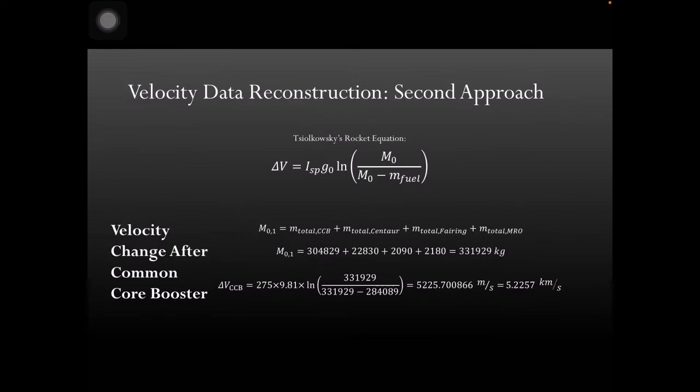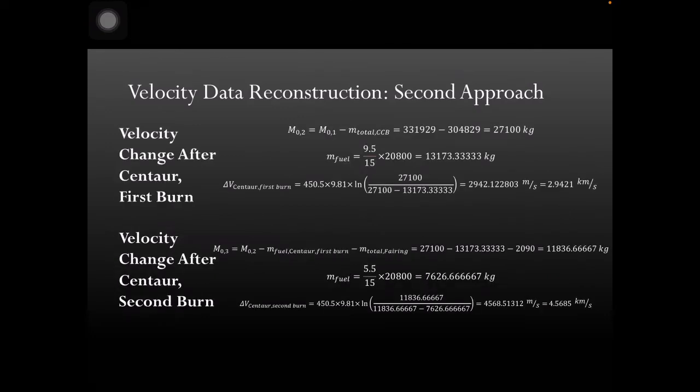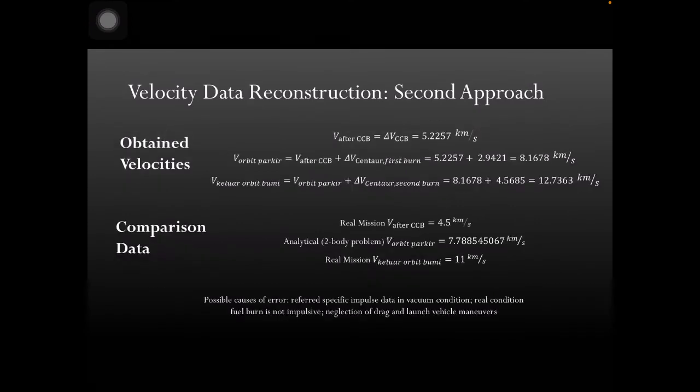From the common booster burn, there will be a velocity change of 5.22 kilometers per second, and using a similar procedure, the velocity change of the Centaur's first burn is around 2.94 kilometers per second, while its second burn will result in a velocity change of around 4.56 kilometers per second. After obtaining the velocity changes, the velocity after each burn can be calculated as stated in the slide, and will be compared to the real mission or analytical data.